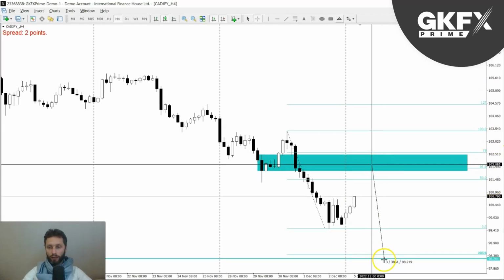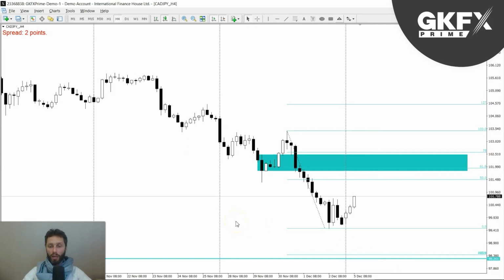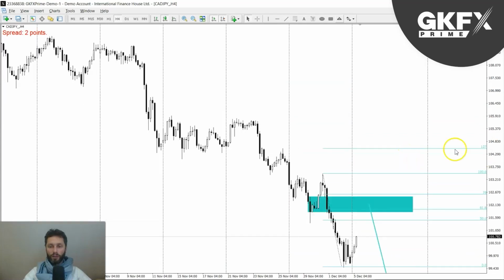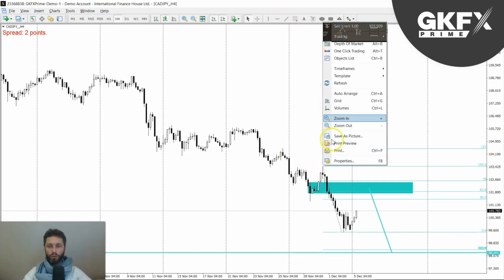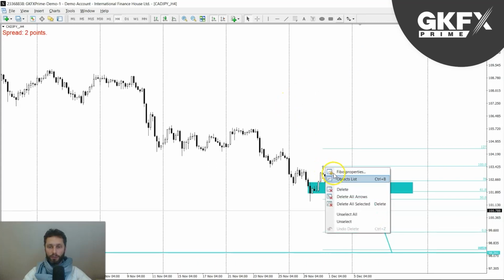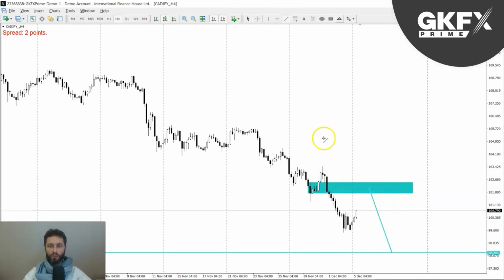We've got a very healthy 380 pips away from this zone, but of course want to see a reversal or some kind of price action. Let's see what happens with the CAD news and whether we get that. If we don't, then just delete this for a moment. If we don't, then I'll be looking at this high.